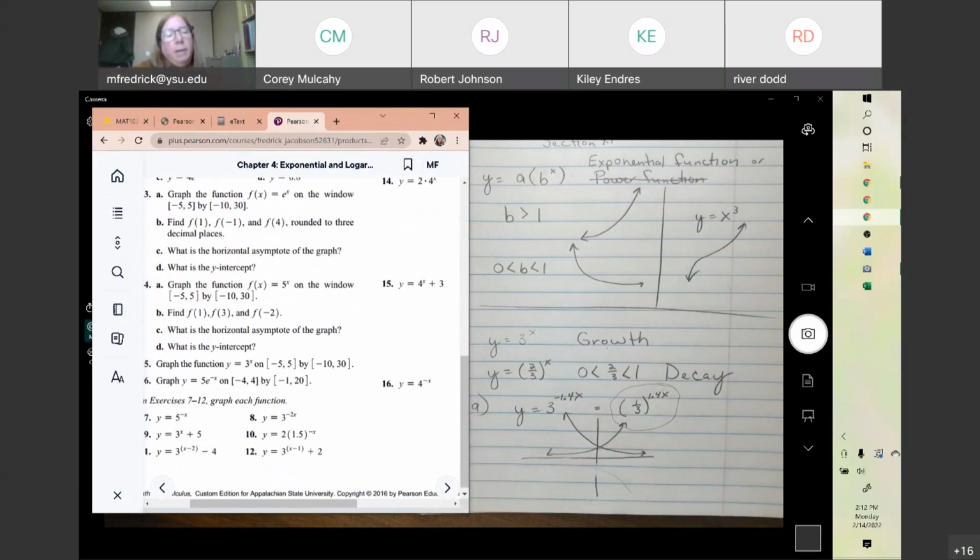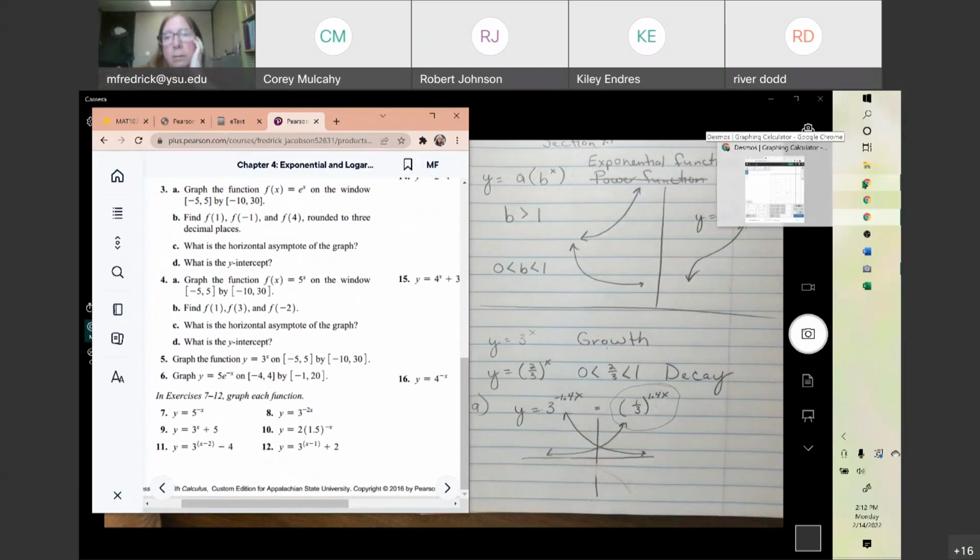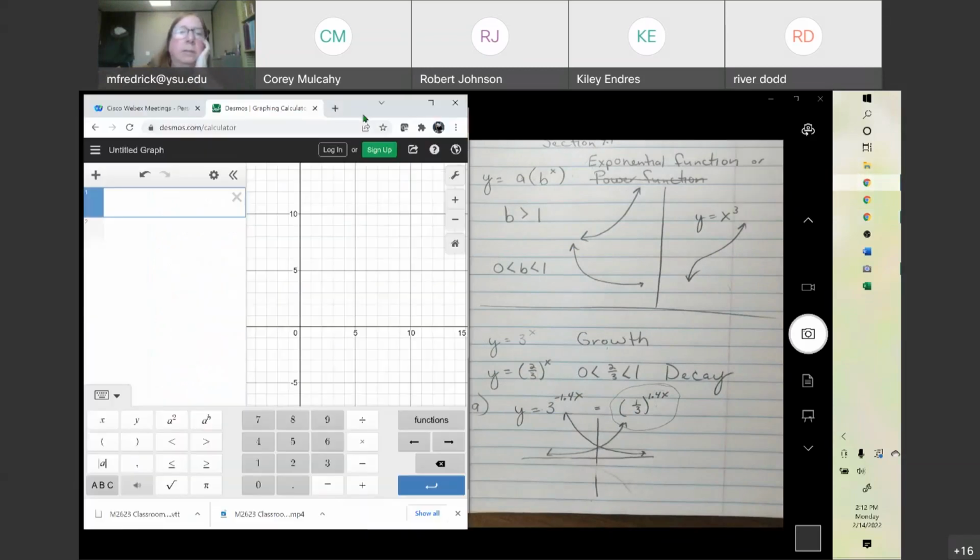They have some graphs in here. Now for our course, we're just graphing with the calculator.